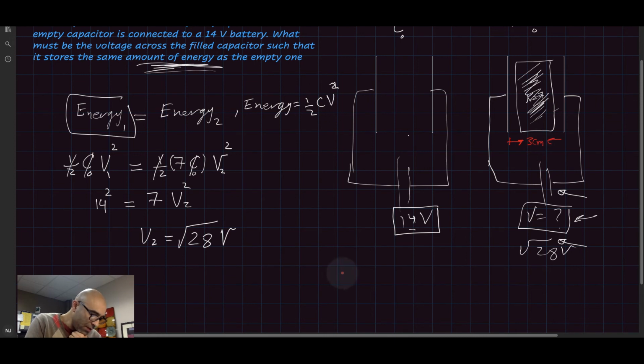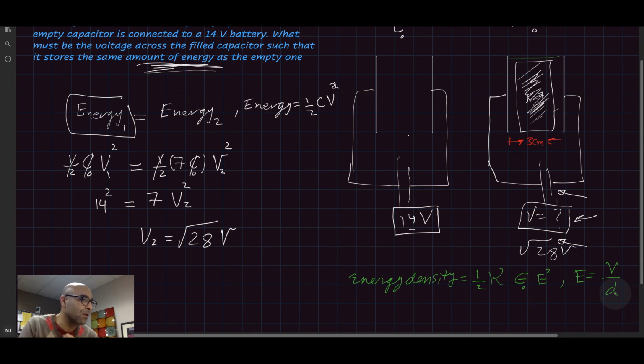We know that the energy density is equal to 1/2 kappa epsilon 0 times the electric field squared. All right? We don't have the electric field across the plates. We have the voltage, but we know that E is equal to V divided by D. All right?